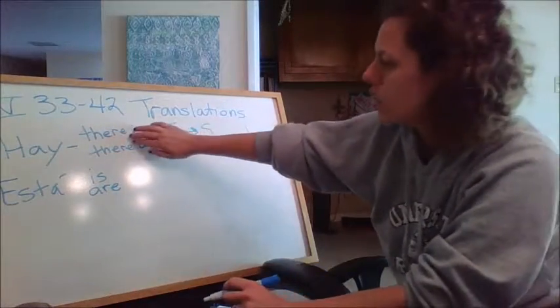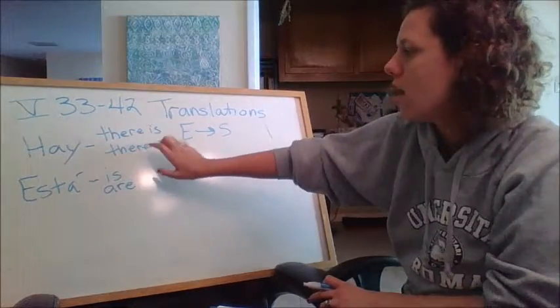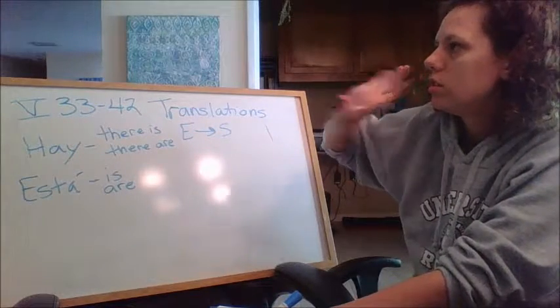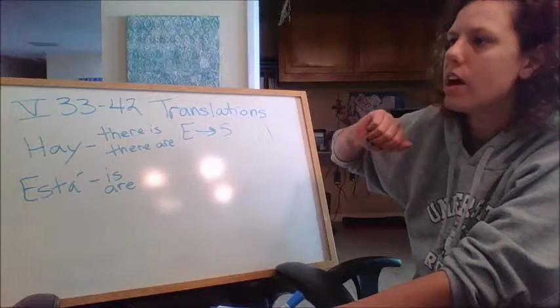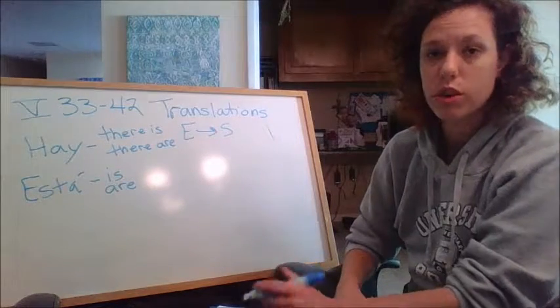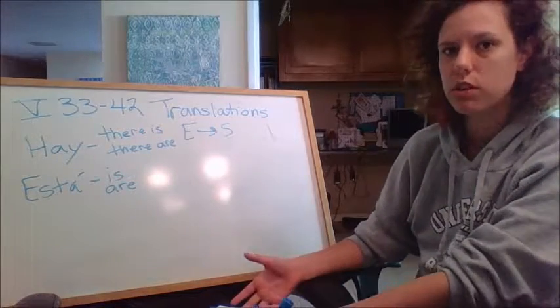So this word right here totally changes the meaning. So hay is there is or there are. This is like a general statement. So like if I said there's food in the kitchen, so there is food in the kitchen, I'm just telling you that there is the presence of food in the kitchen.